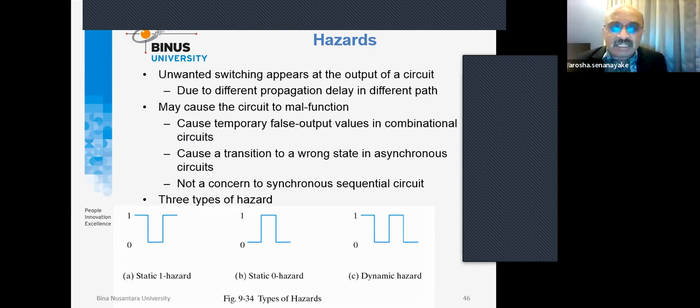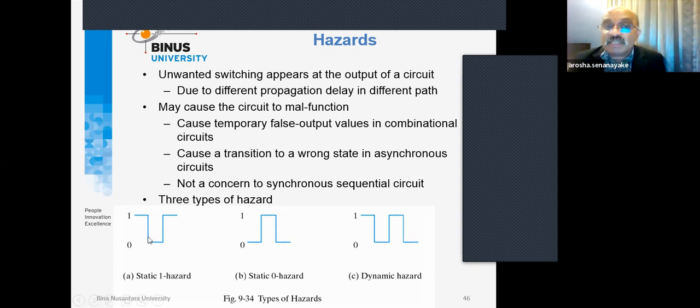That leads to false output values in combinational circuits, because in the end, simple y with x input produces the y next state, and that's entirely about combinational circuits. But unfortunately, the delay might occur in presenting the value, particularly coming from the delay circuit or feedback, as I explained, memory, and that causes these different types of hazards.